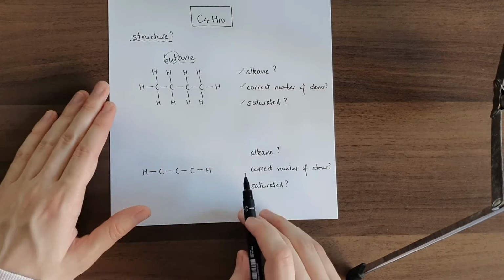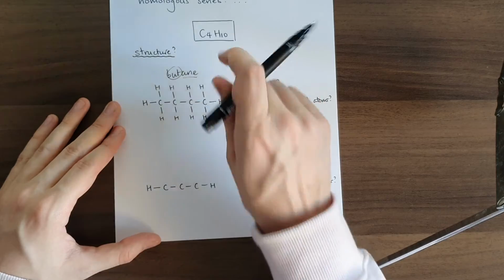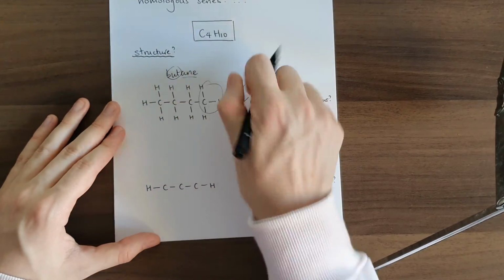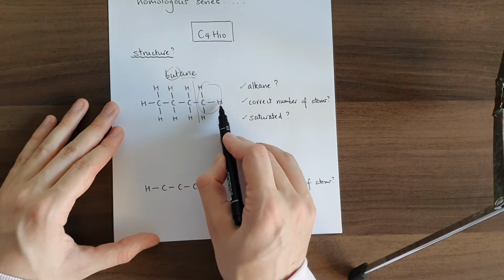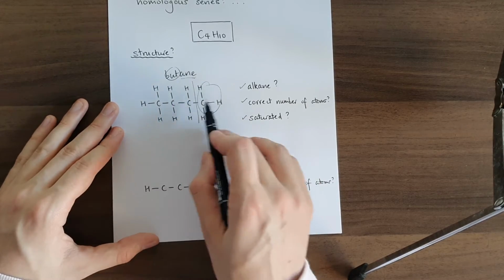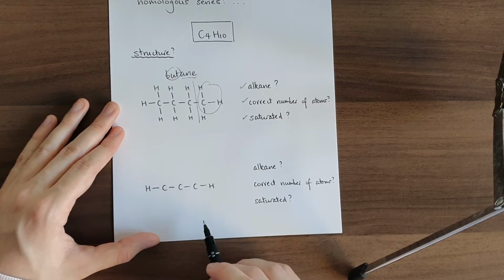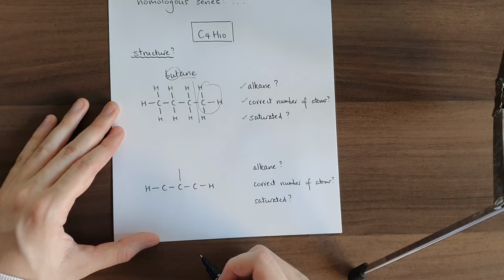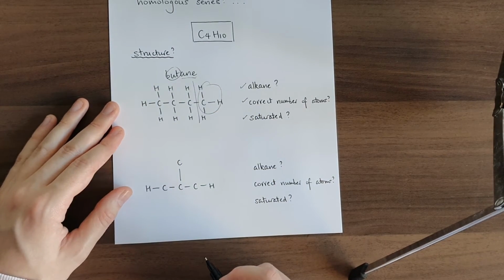If I were to take one of my carbons in this chain and pull it off, so let's say I break this bond here, and I pop one of the hydrogens that's left over on this pulled off bit back onto the chain to form a smaller chain, then I'd have one less carbon. But then I could just pop that carbon that I've pulled off into the middle and form a different shape.